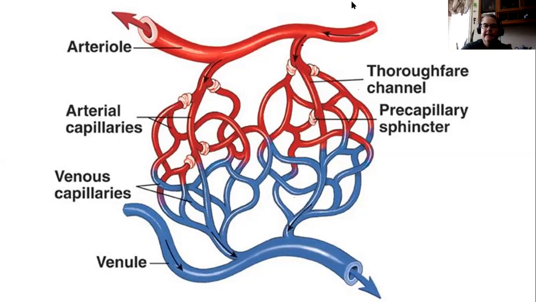So I'm looking at a systemic circuit. So if I wanted to draw a similar picture, but to illustrate a pulmonary circuit, what would be different about my arteriole here in a pulmonary circuit? How would my image be different in a pulmonary circuit? How would that arteriole be different if I was drawing a pulmonary circuit? Any ideas?